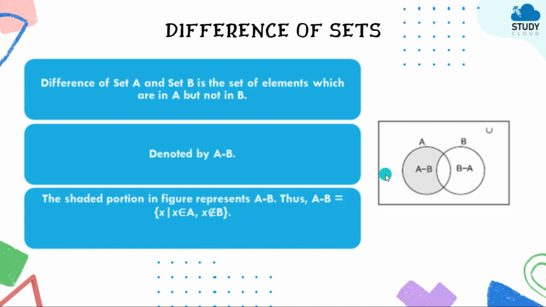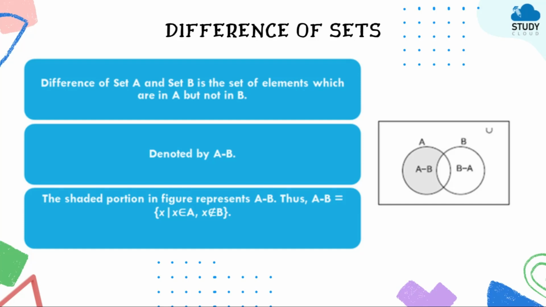So let's take one example. If in A there are values 1, 2, 3, 4, 5, 6, and in B there are values 2, 4, 6, 8, then A minus B, the elements which are there in A but not in B, are 1, 3, 5.